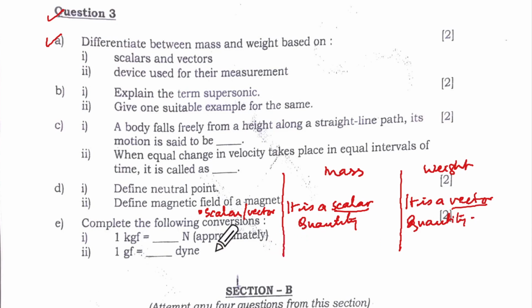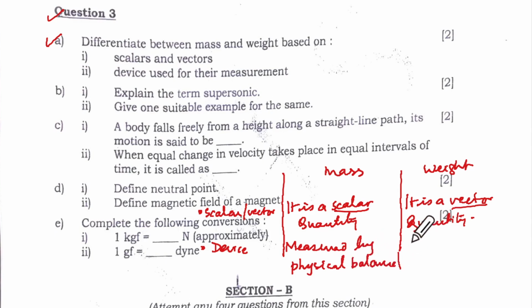Then we have the second point. What is the second? Device. So mass will be measured with a beam balance, correct? So write over there, measured by beam balance. Beam balance or physical balance. I think the word your textbook is using is physical balance. So use physical balance, which is also called beam balance.